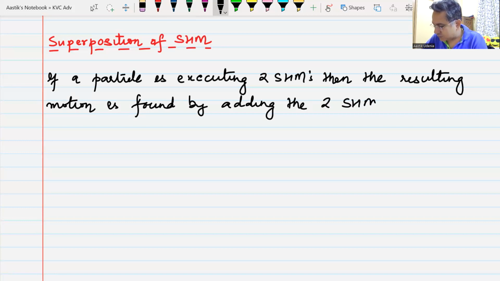This phenomenon is known as superposition of SHM. Now, instead of 2 SHMs, there could be 3, 4, 5, 6, no matter what. We don't have to go so far. Basically, whenever you are going to get a question, it would be on one particle executing 2 SHMs under the action of two different forces or something like that.